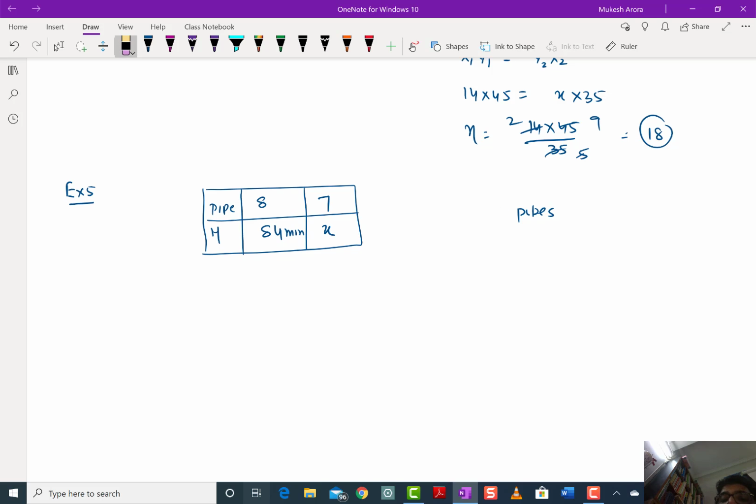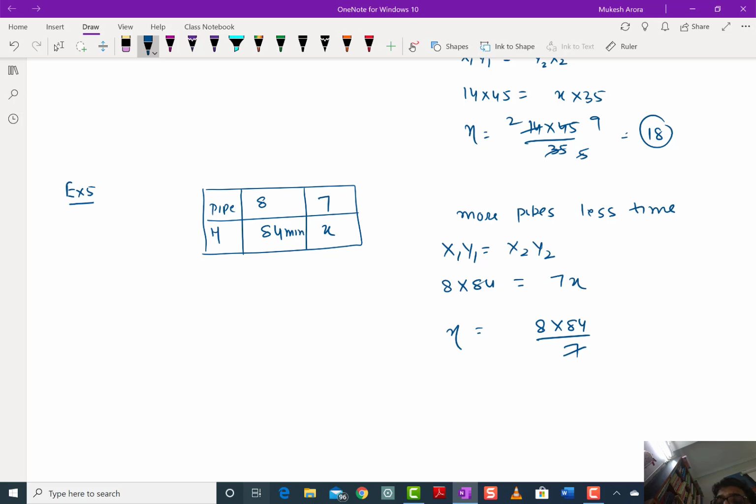More pipes, less time. So x1 into y1 is equal to x2 into y2. 6 into 84 is equal to 7 into x. x is equal to 6 into 84 by 7. So 72.